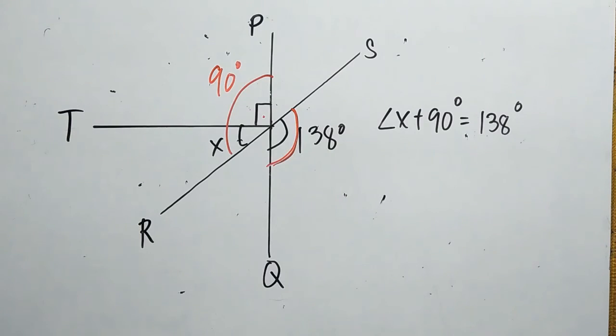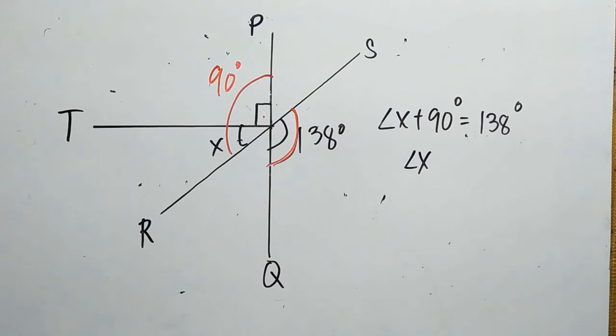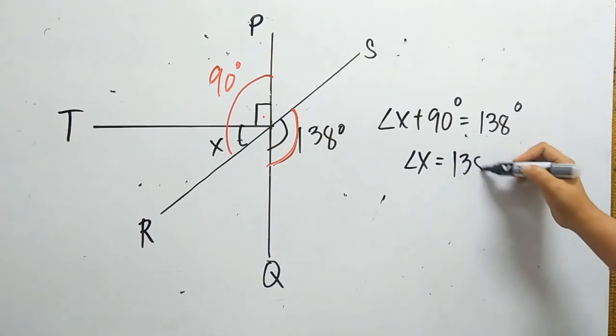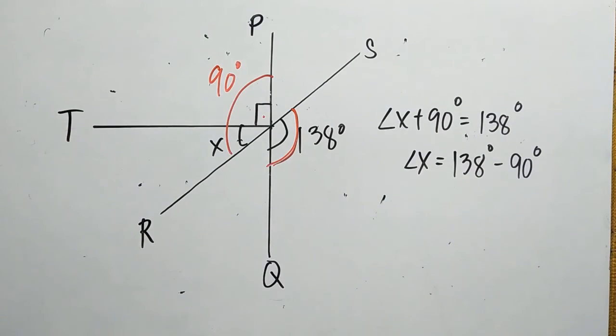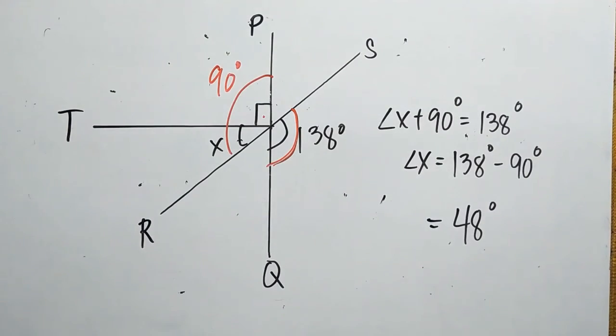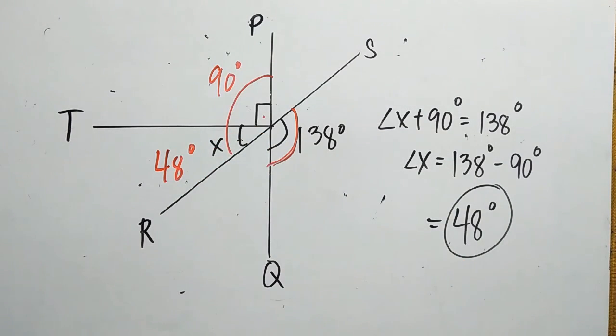Now how are we going to find angle X? Very good. We're going to subtract 138 minus 90 degrees. 138 minus 90, it will be 48 degrees. It means angle X here is 48 degrees.